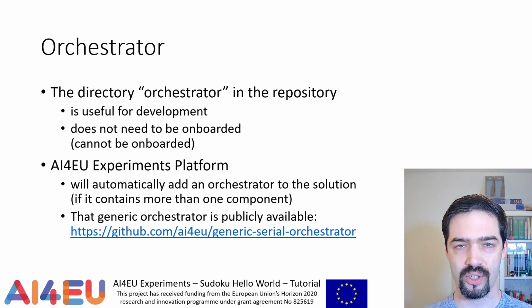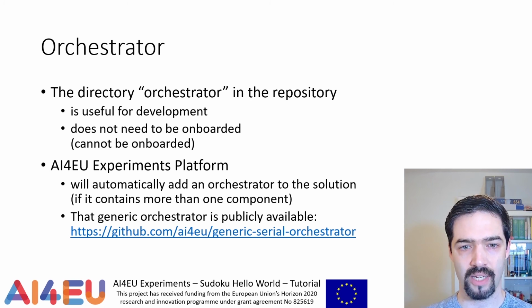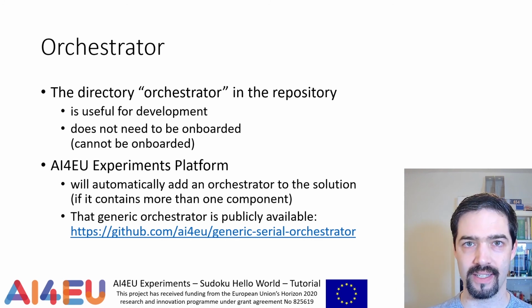And this orchestrator is also not the orchestrator that is used for running the pipeline when it's deployed from the AI4U experiments platform. The platform will automatically add an orchestrator to the solution if the solution contains more than 1 component, and you can also see that orchestrator source code in the Git repository that is shown on the slide. So if you want to improve the orchestrator or extend it, you have a chance to do that.